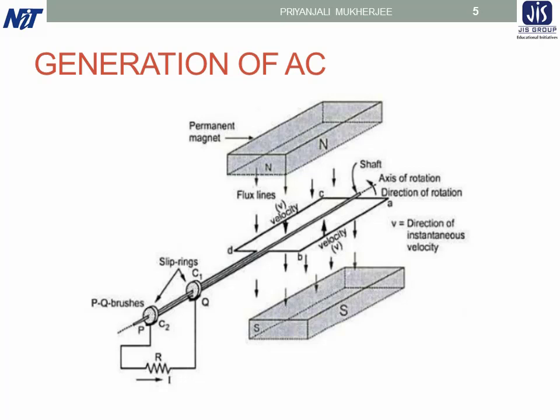So, how do we generate the AC or alternating EMF? We know that an alternating EMF can be generated either by rotating a coil within a stationary magnetic field or by rotating a magnetic field within a stationary coil.